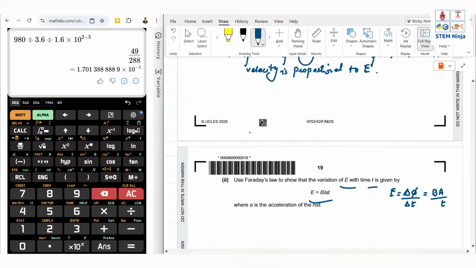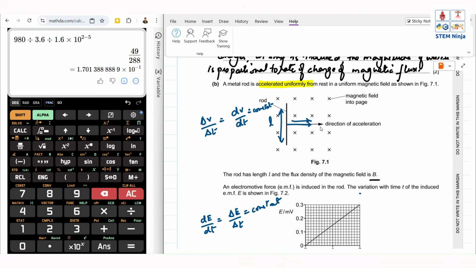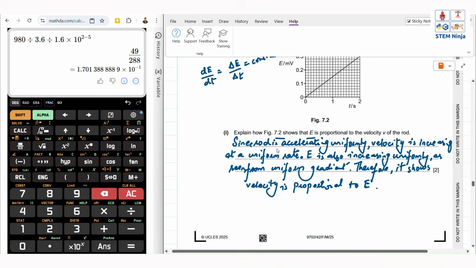The area it is covering is given by this length and the distance it covers per unit second.